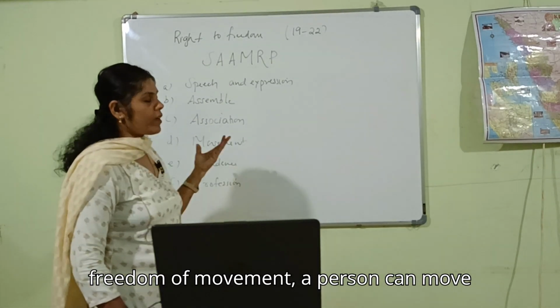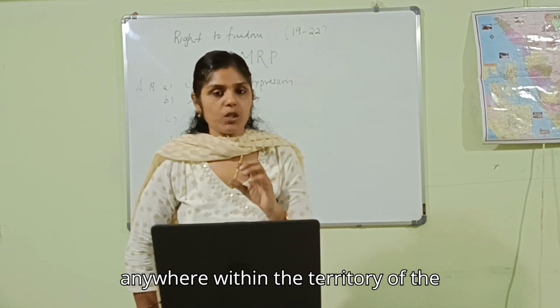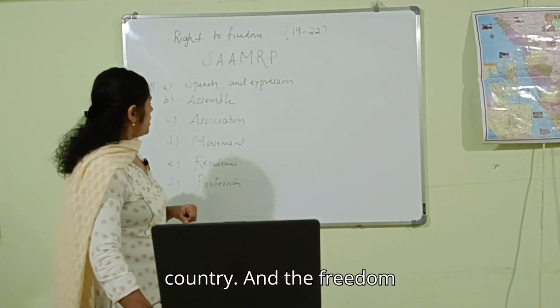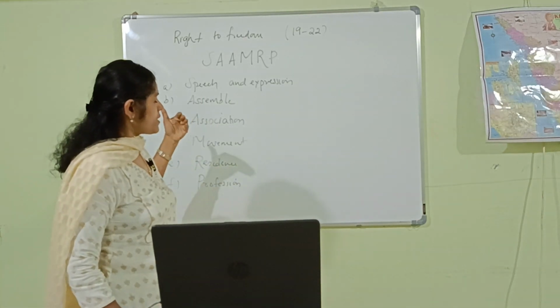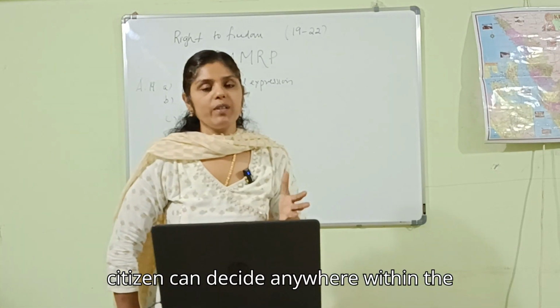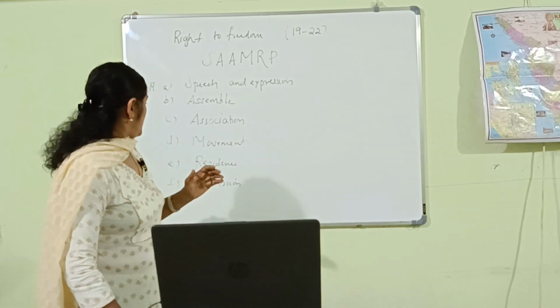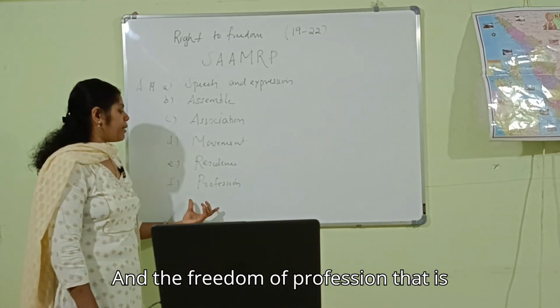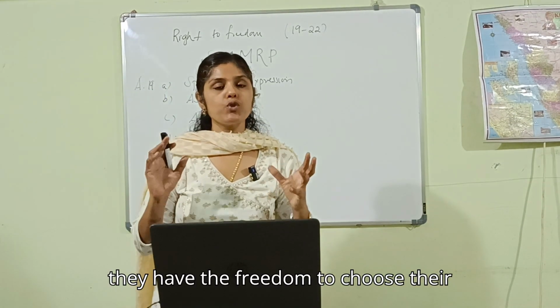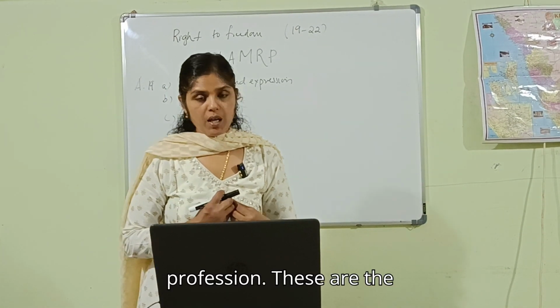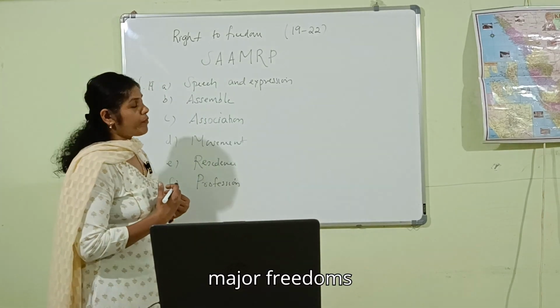A person can move anywhere within the territory of the country. And the freedom of residence, that is a citizen can reside anywhere within the country. And the freedom of profession, that is they have the freedom to choose their profession. These are the major freedoms.